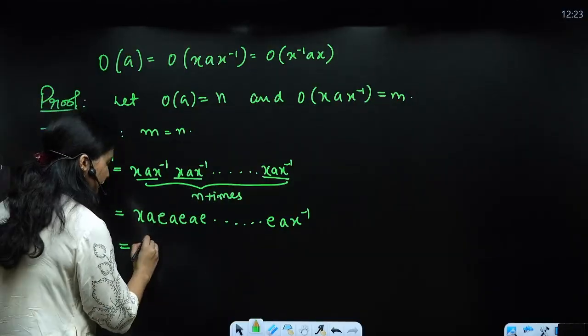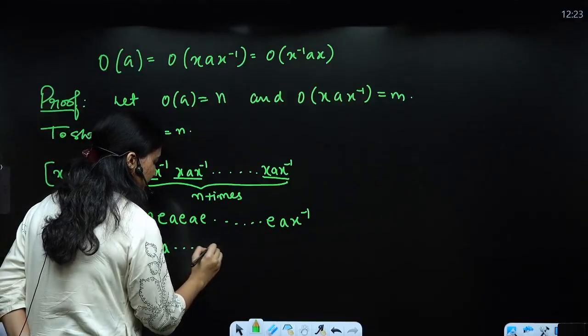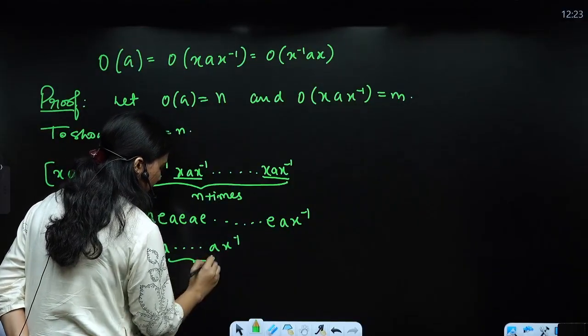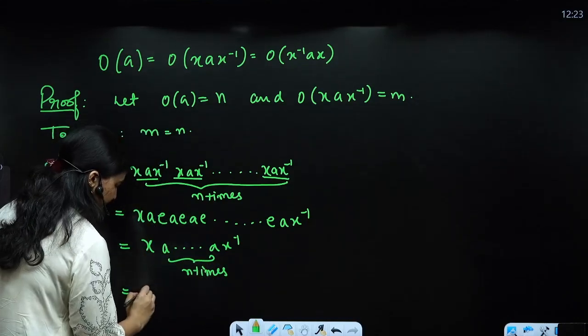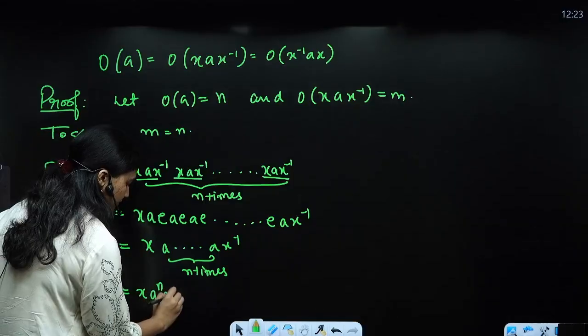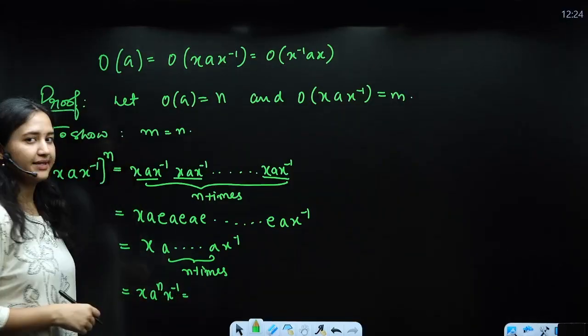So we are going to get x, A written n times, x inverse, right? So this is going to give me xA raised to the power n x inverse, and I know what A raised to the power n is.